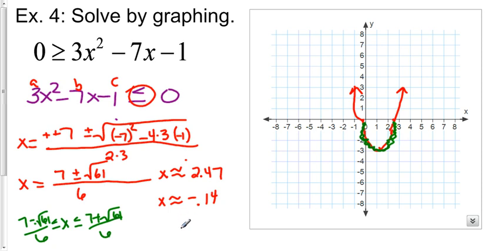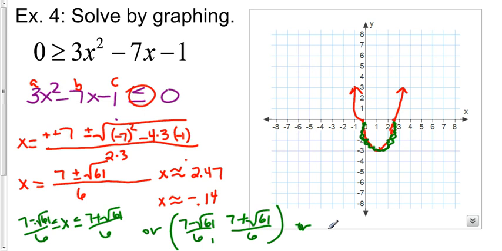If we wanted to use interval notation, you could put it in brackets and say 7 minus the square root of 61 over 6, and 7 plus the square root of 61 over 6. Either is fine. I prefer interval notation. It's easier for me to read. And also, if you wanted to just give approximations, you could say we're in between -0.14 and 2.47, approximately.